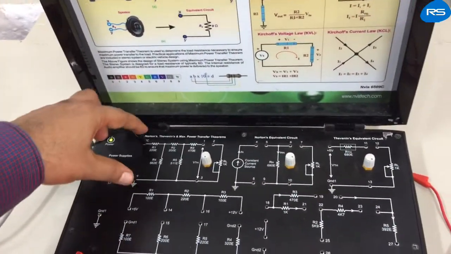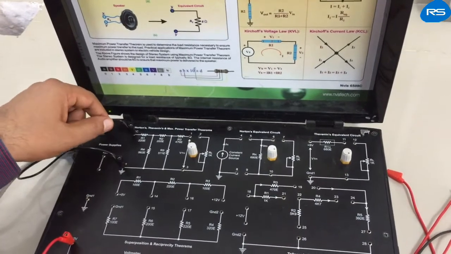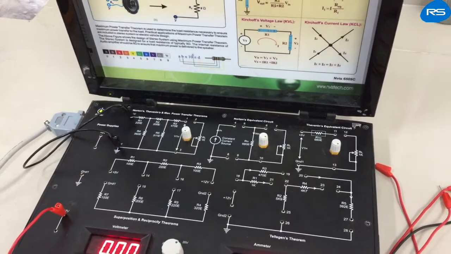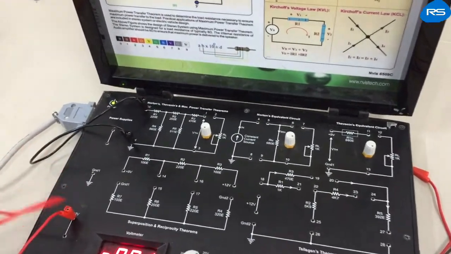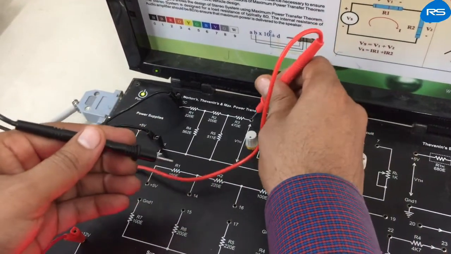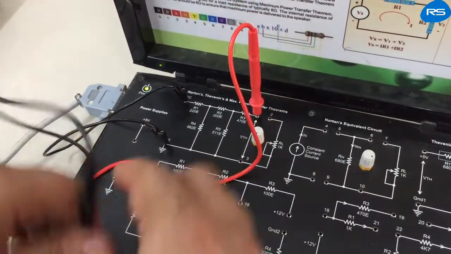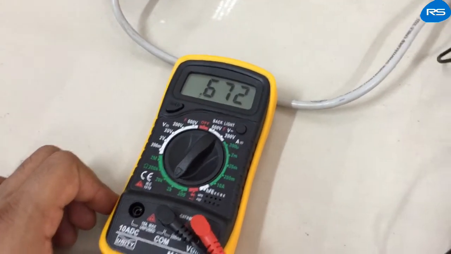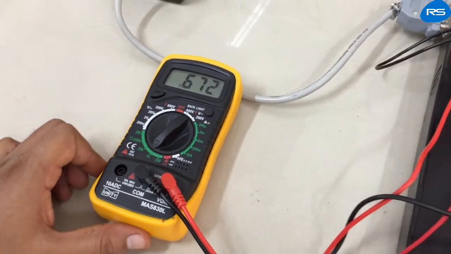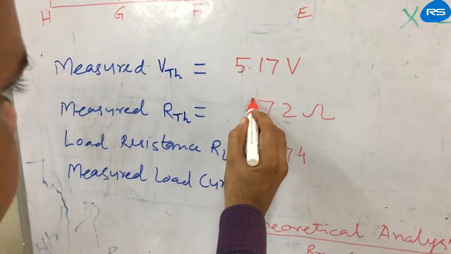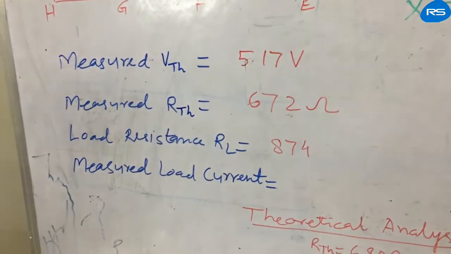So we are putting a short across the input terminals of the given circuit, and now we can measure the resistance across the open circuited terminals of the load by a multimeter like this. So in this case we are getting 672 ohms of RThevenin.